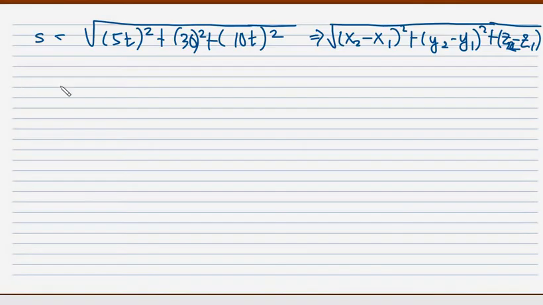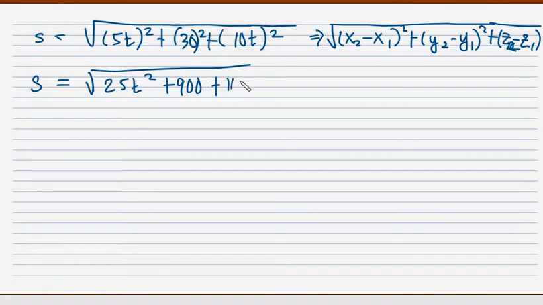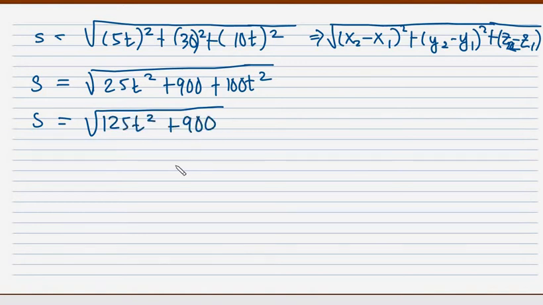So let's continue to solve. This will now be 25t squared plus 900 plus 100t squared. So S will be equal to the square root of 125t squared plus 900.